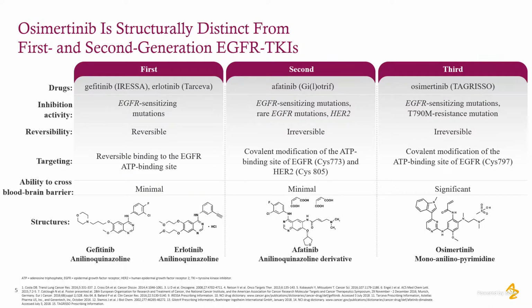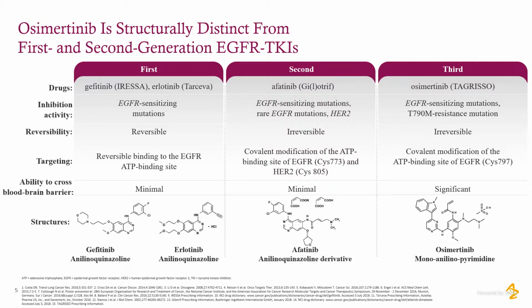It is irreversible, with covalent modification of the ATP binding site of EGFR and HER2. Its ability to cross the blood-brain barrier is minimal. Initially, it was said that it probably crosses the blood-brain barrier very well, but at that time there was no head-to-head comparison. Now it is said that its blood-brain barrier penetration is minimal.